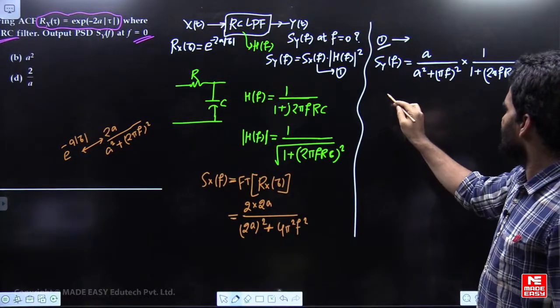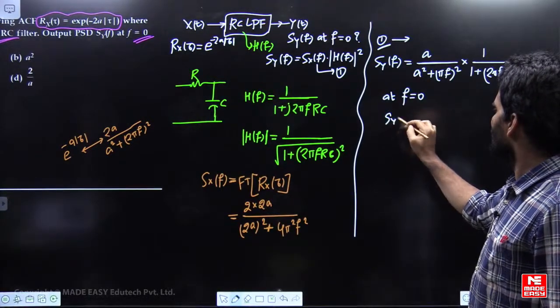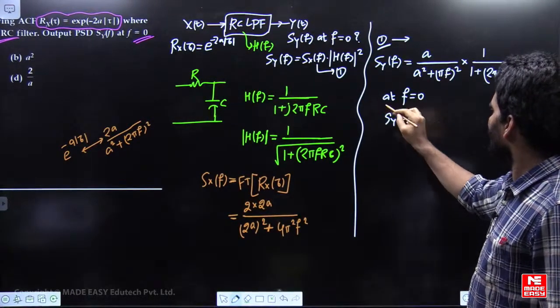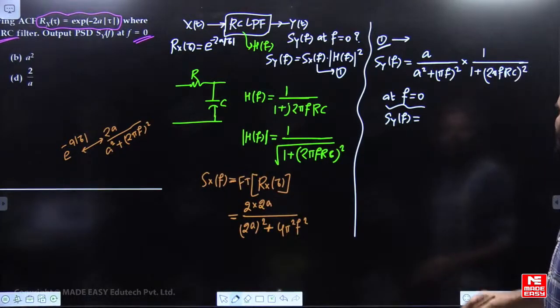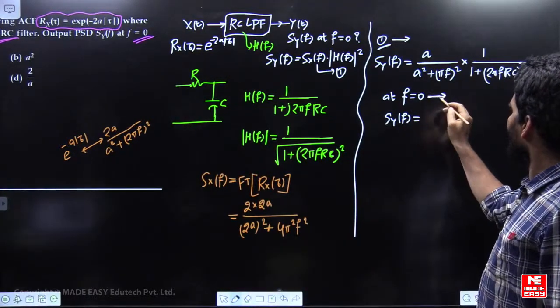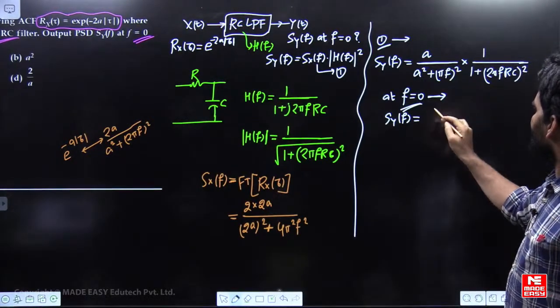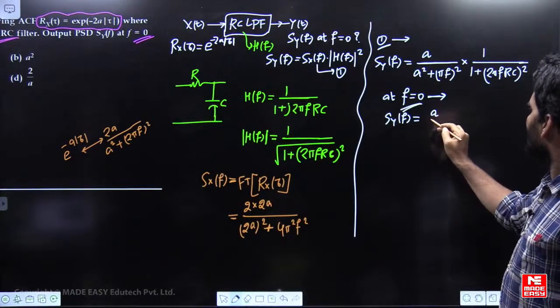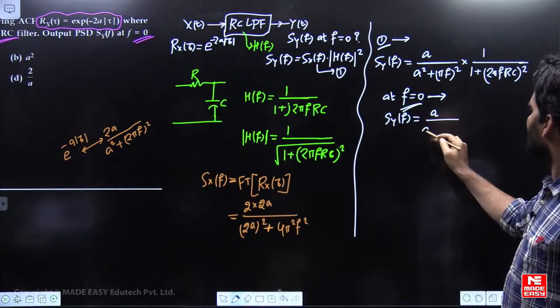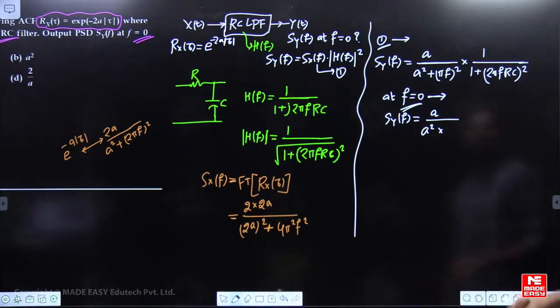Now at f equal to 0, what will Sy(f) be? At f equal to 0, substituting 0 in place of f, this is a upon a square into f, with 0 in place of f.